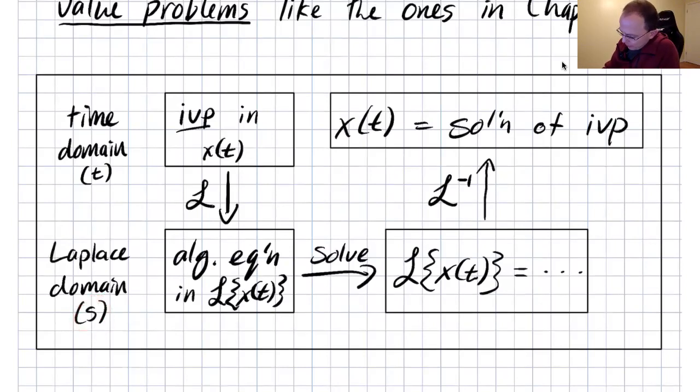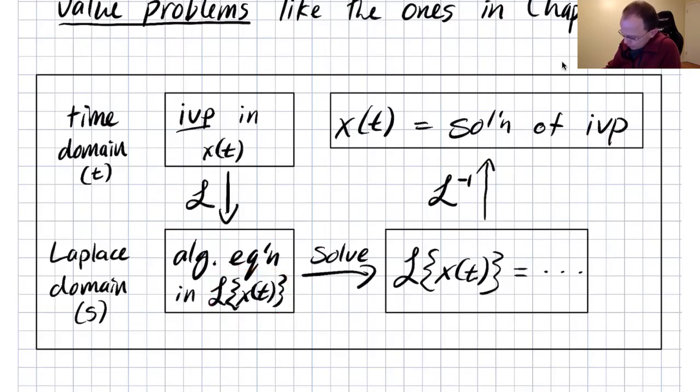We have an initial value problem in the time domain, about finding this function x of t. It's a differential equation with some initial conditions. We apply the Laplace transform to the differential equation, and this will produce an algebraic equation in the Laplace transform of the function.